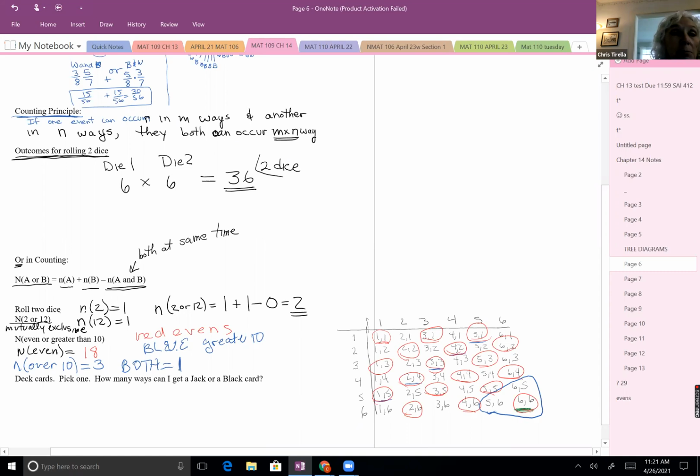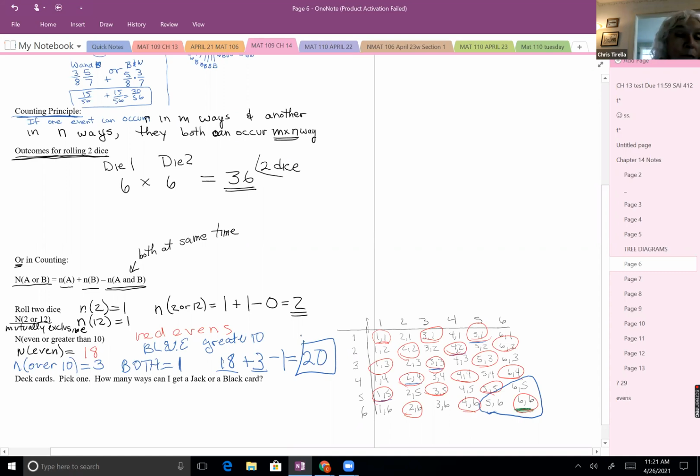So putting these pieces together, even or over 10 would be 18 plus 3. But then we'd have to subtract that one that's in both of them. And that gives me a total of 20.